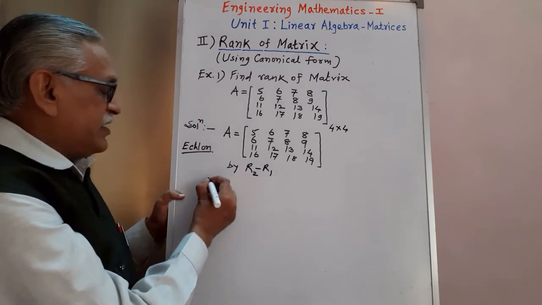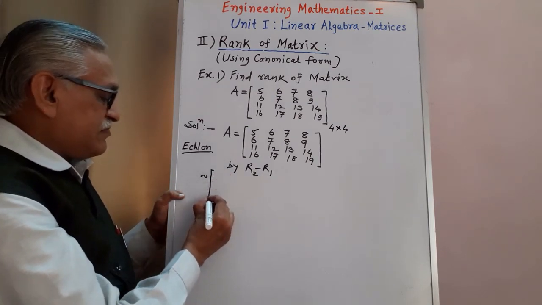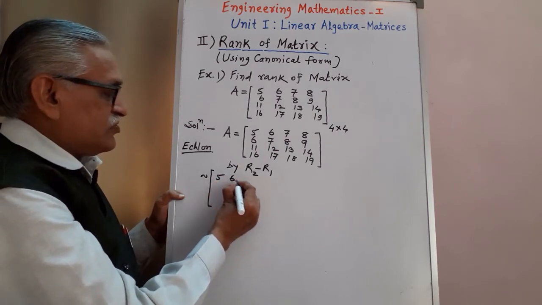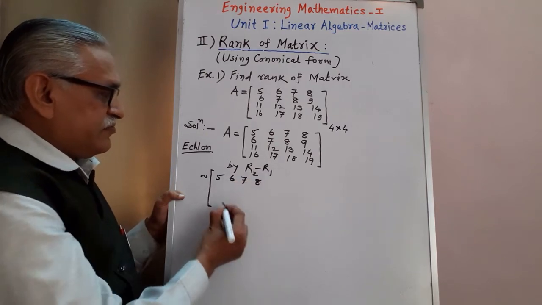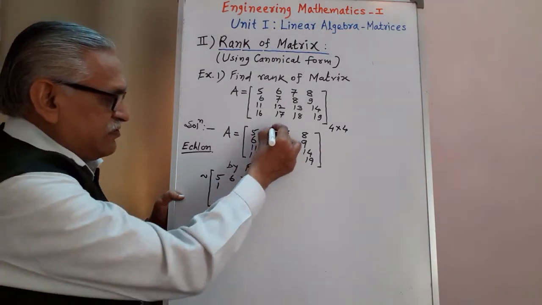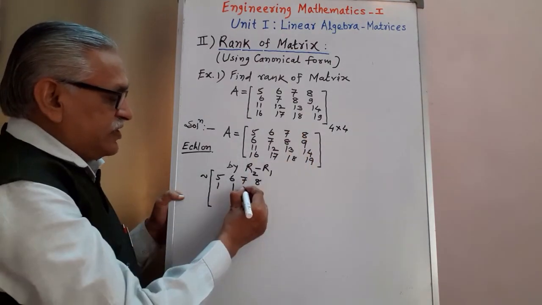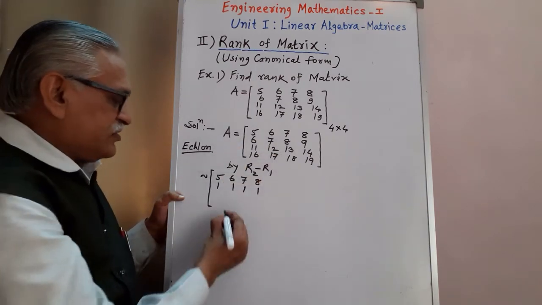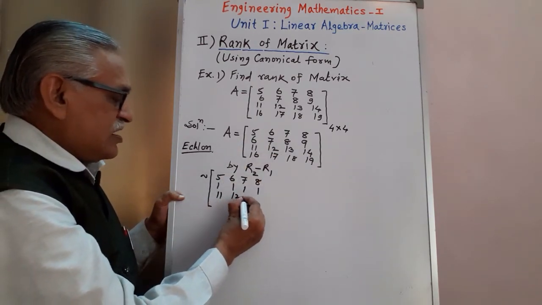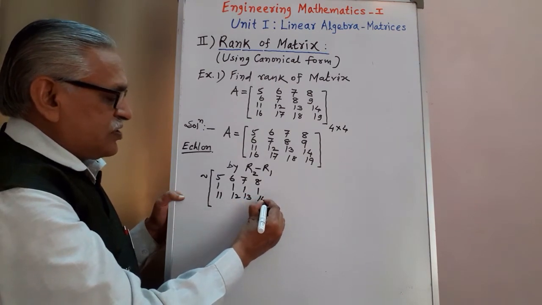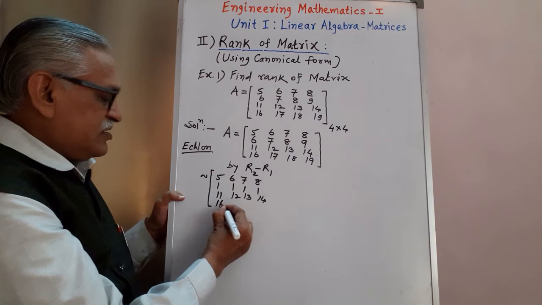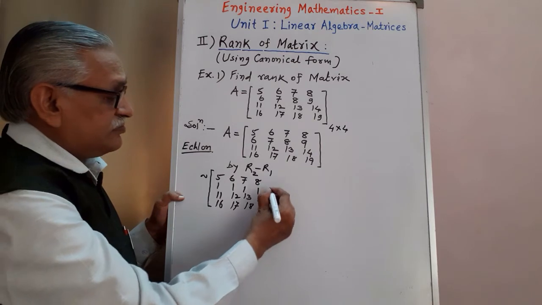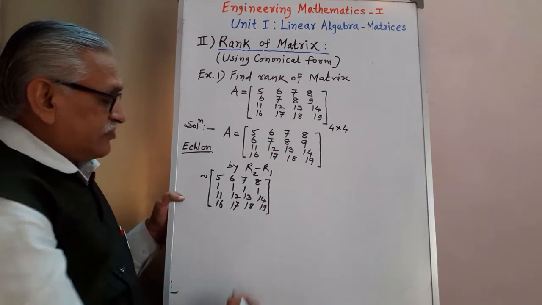Performing this elementary row transformation, we get the first row with no change, 5, 6, 7, 8, and the second row 1, 1, 1, 1. The remaining two rows have no change, 11, 12, 13, 14, and 16, 17, 18, 19.